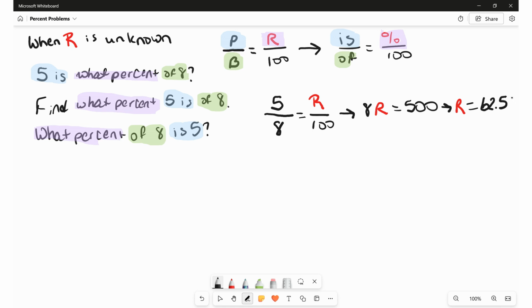And this is where we're going to throw the percent symbol back on because it's not 62.5 over 100. Because we're not writing it in the form 62.5 over 100, we put the percent symbol in there.